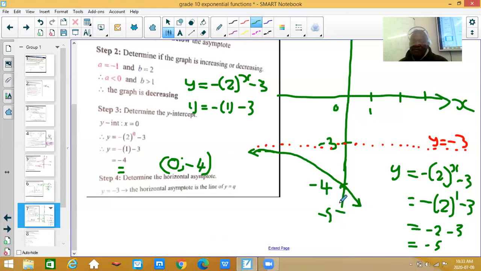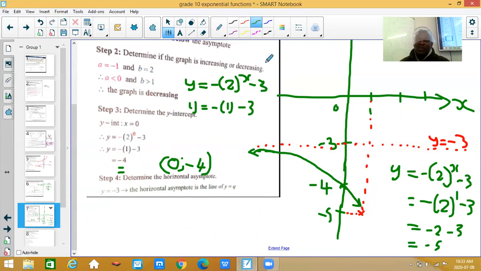Are you seeing it? So if you use that number 1, it means at 1, negative 5, it must be something like this. You remember when we're plotting points, right? So it will be somewhere here. This is your next point.